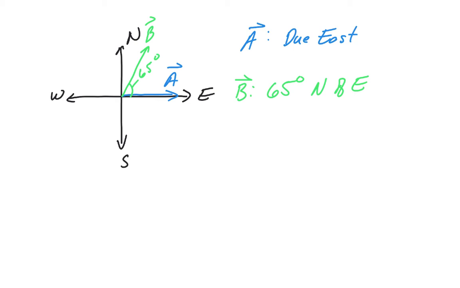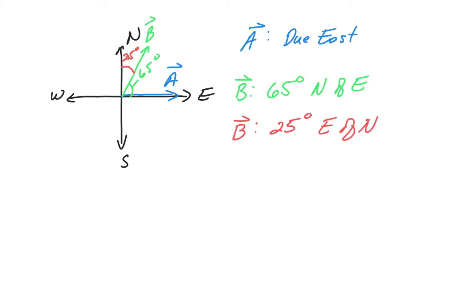So for B, instead of saying it's 65 degrees north of east, I would be just as accurate if I were to say it's 25 degrees, but now, since I've measured that angle from the north, and I have to go east to get to the vector, that is 25 degrees east of north. So that's how we're going to measure vectors, especially when we are talking about relative velocity, something like a boat or a plane.